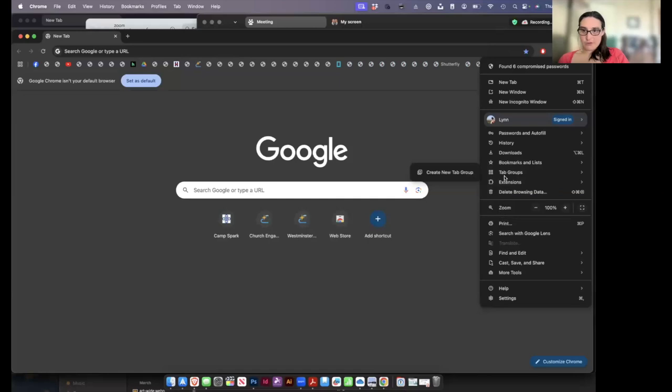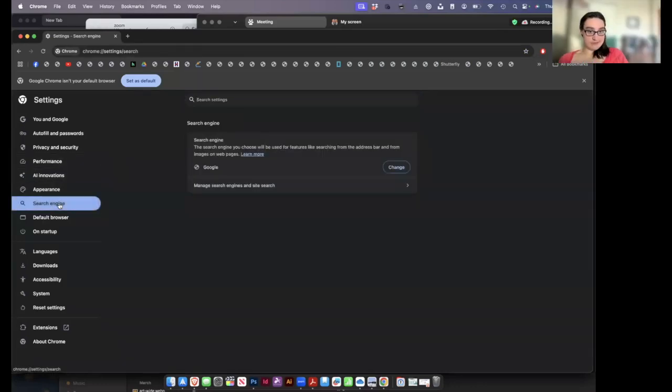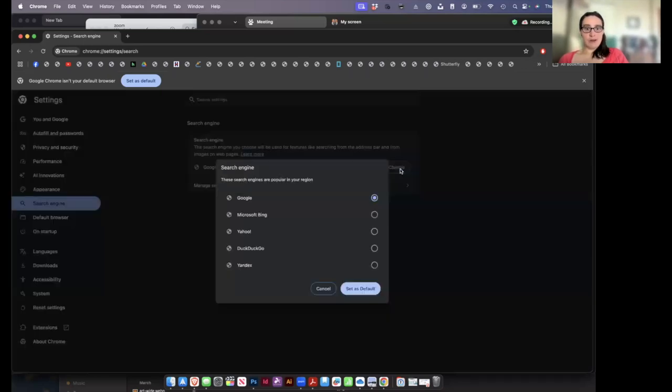Okay. So what you want to do is, under these three dots, go down to settings. And we want to go to search engine. Mine is Google on Chrome, and you want to change that.